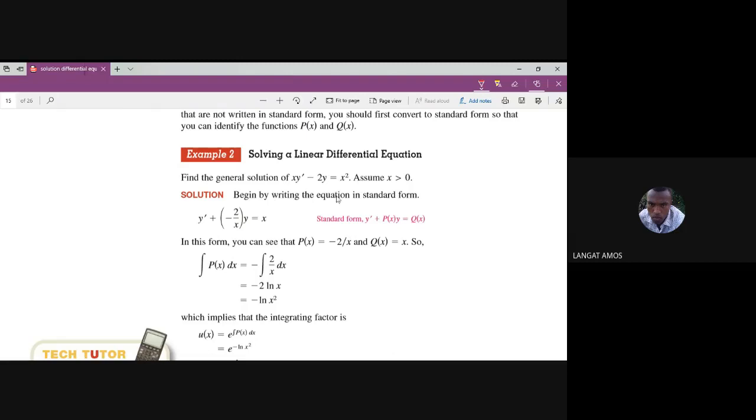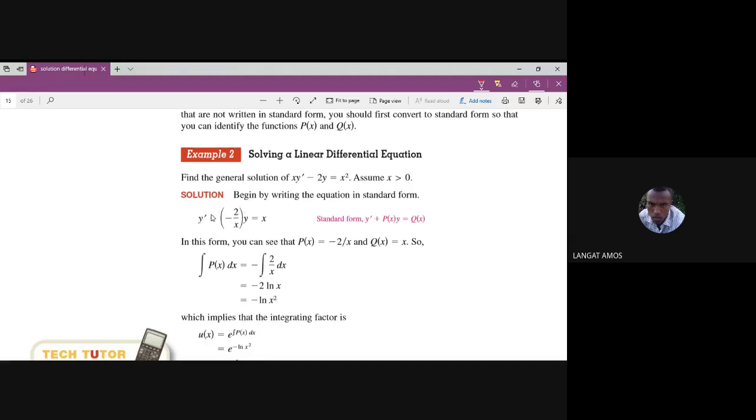Begin by writing the equation in standard form. When you write this one in standard form, you divide by x everywhere.